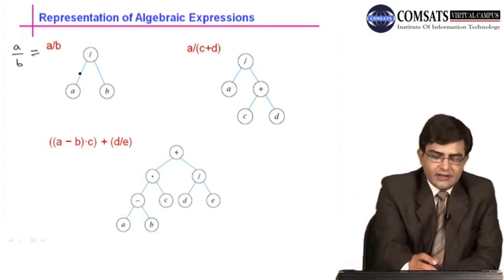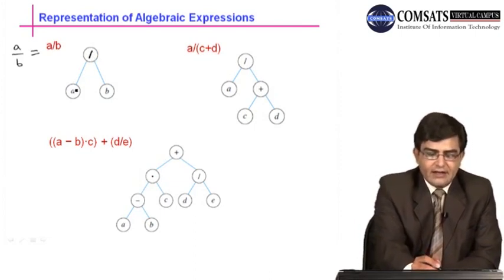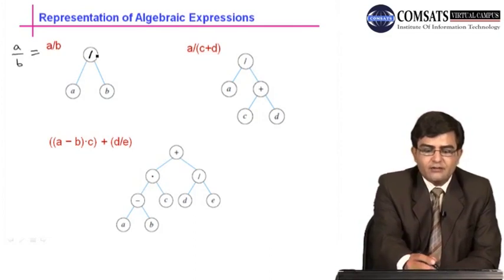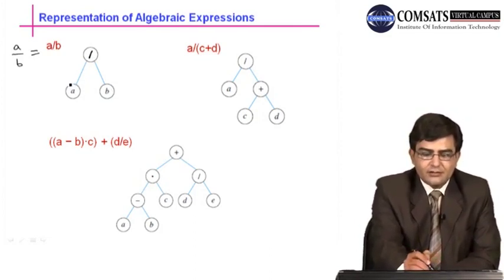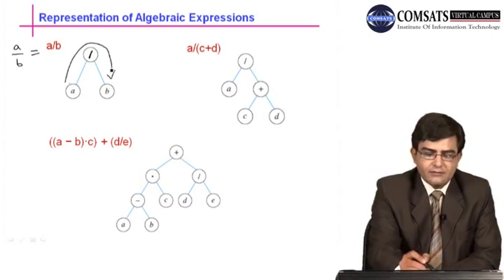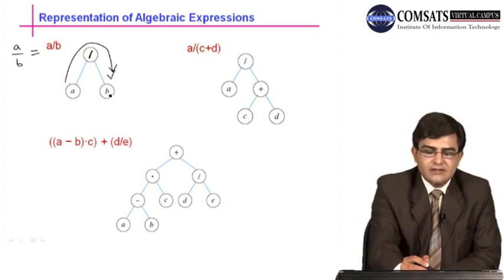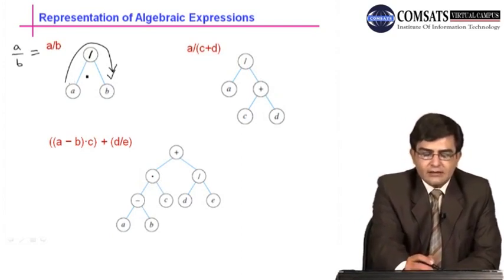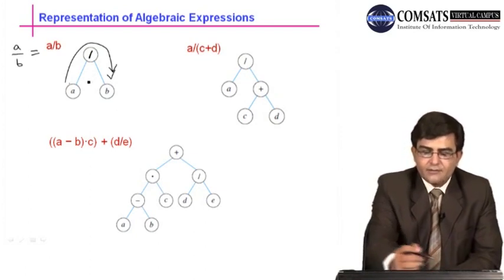We write the division here. This symbol denotes divides, and here we have two children of this division, A and B, and we read it from left to right. For example, A divides B. This is how we read this binary tree.